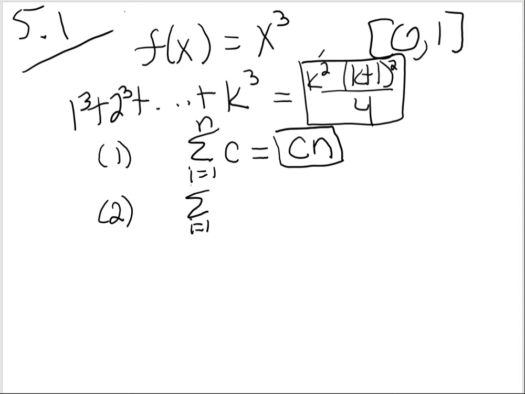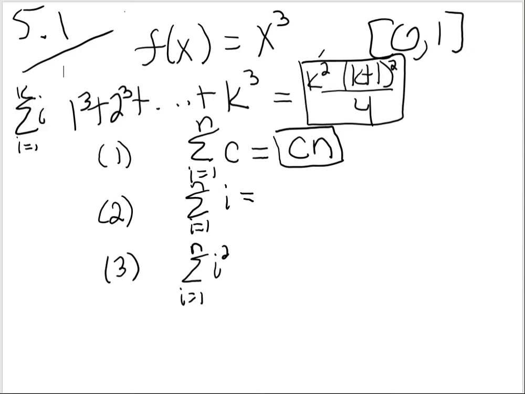Now, the next ones are the sum from i equals 1 to n of i, and then you also have i squared, and then you also have i cubed. These give us some of the other rules.